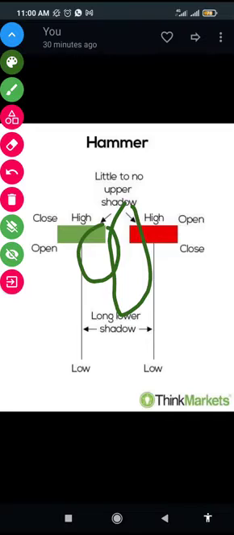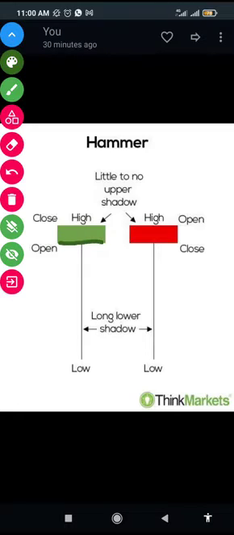Then this one is a hammer. You can see that there is a long wick or a long shadow. This is where the market opens for this one. The market opens here and was selling.